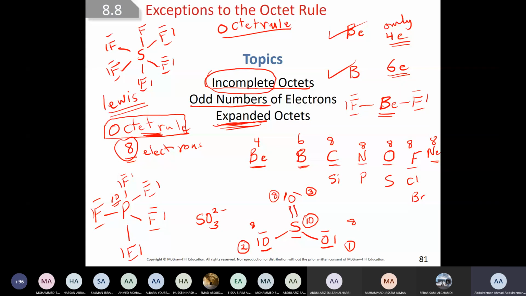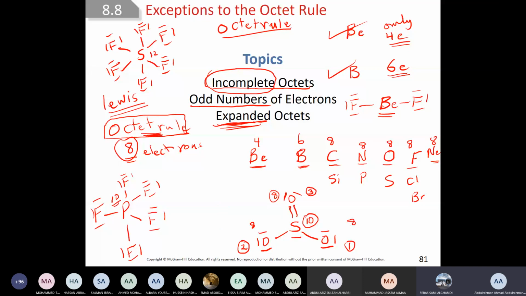How many around each fluorine? 8. How about the sulfur? How many around the sulfur? 12. Is this acceptable? Yes, it is acceptable. Why? Because it's expanded.